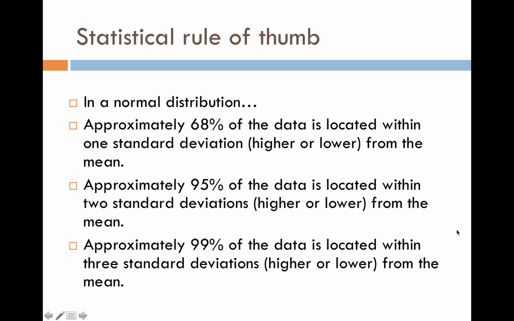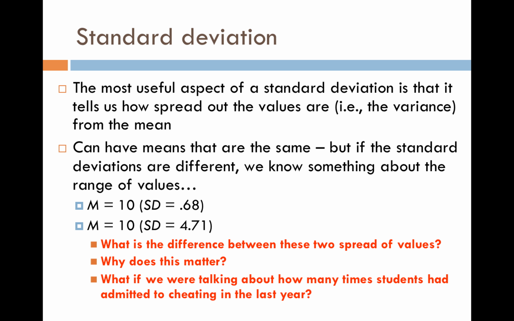So you know this by the standard deviation. The bigger the standard deviation, the more spread out the scores are, or the more variance there is. And we always have to have it because you can have 2 means that are the same, but if the standard deviations are different, then we know something about the range of values.